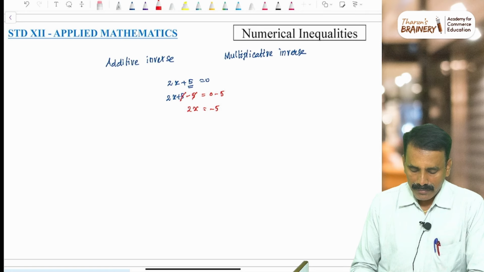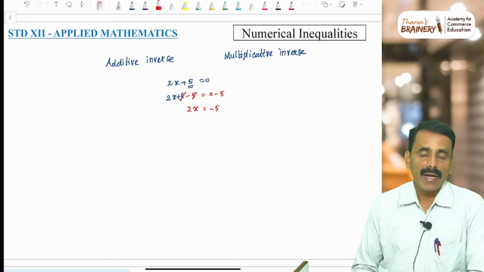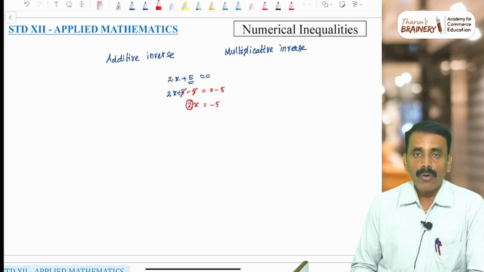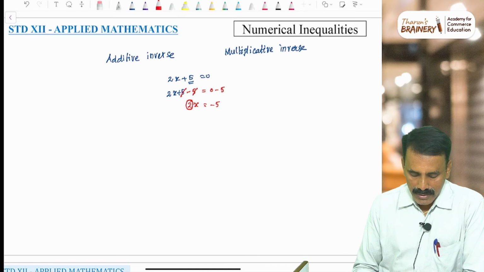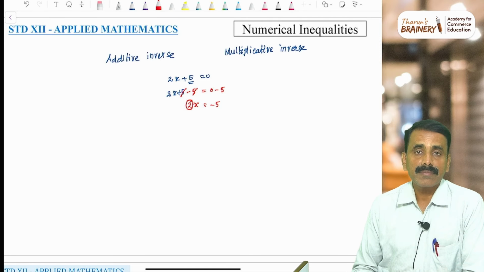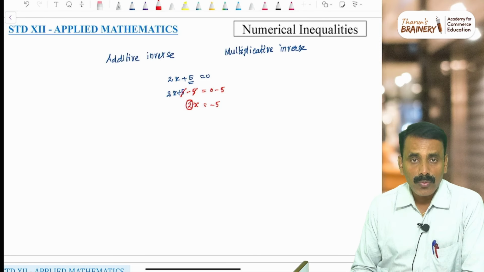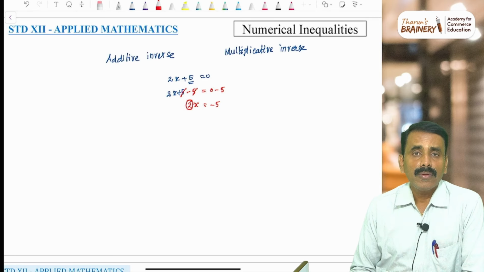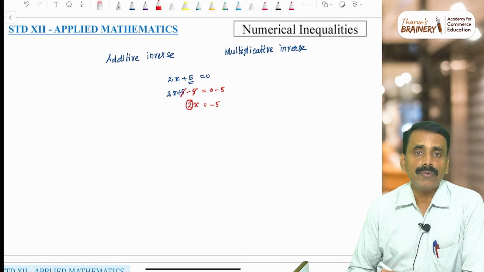Now I have the expression 2x is equal to minus 5. Again I want to remove this 2. How to remove this 2? This 2 is in multiplication with x. So if I want to remove 2, I should not subtract 2. I should multiply with the multiplicative inverse of 2.